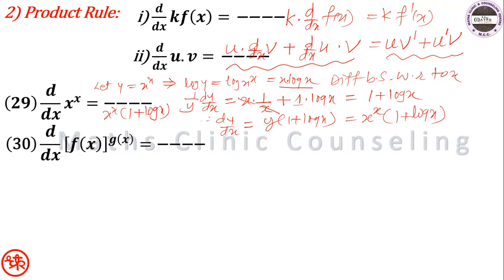Is that clear? Then d/dx of f of x to the power g of x, same procedure. If we apply the same procedure, then you will get the result here. यही procedure अगर हमने repeat किया, तो आपको मिलेगा it is equal to f of x to the power g of x into g of x into f dash of x upon f of x plus g dash of x into log of f of x.